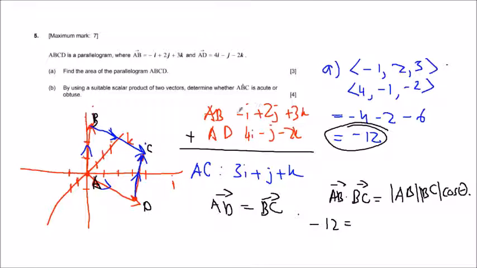What's the magnitude of AB? Square all of the components and take the square root, which gives the square root of 14. And AD equals BC, so squared and added together, that gives the square root of 21, since 16 plus 4 plus 1 is 21. And that's cosine theta. Putting them all on the other side, we get minus 12 over the square root of 14 times 21, which is 294.